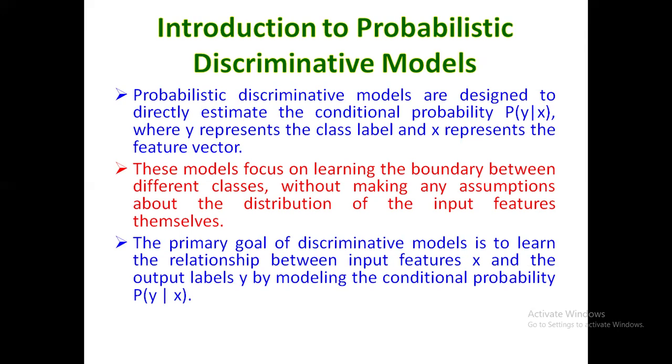This is in contrast to generative models, which also model the joint distribution, that is P of x comma y. Discriminative models typically lead to better performance in classification tasks because they do not attempt to model the distribution of x, which can be complex and unnecessary for the task at hand.